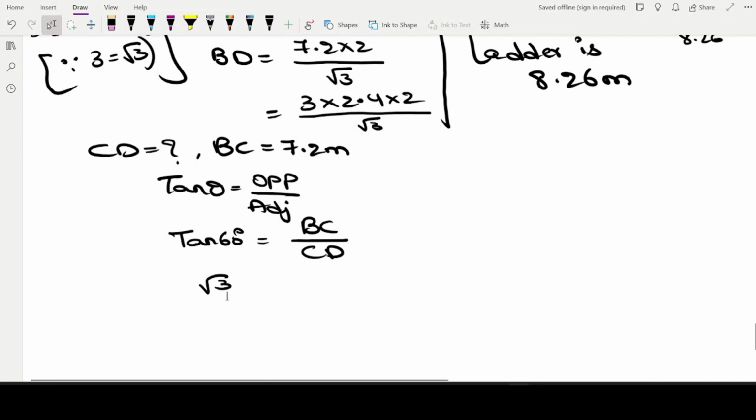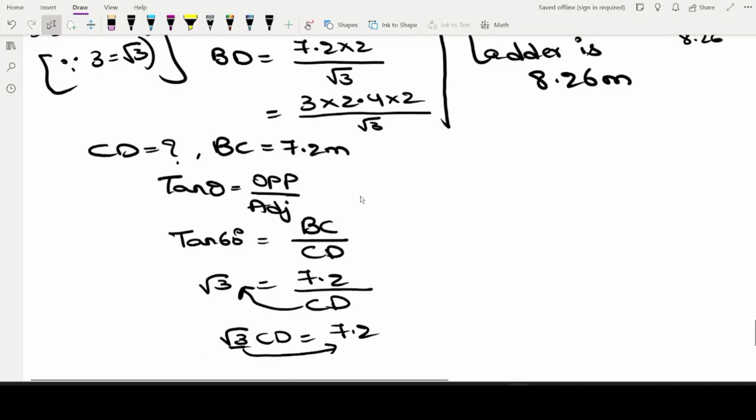We know that the tan 60 degrees value is root 3, equals BC 7.2 divided by CD. Now when we shift CD to the other side, this becomes root 3 into CD equals 7.2. Now we are shifting the root 3 to the other side. This becomes CD equals 7.2 divided by root 3.